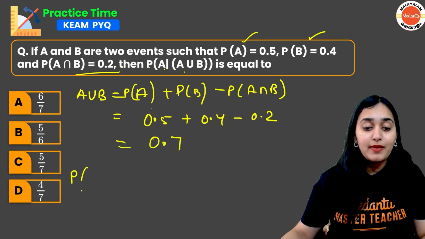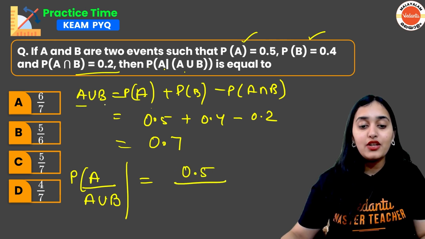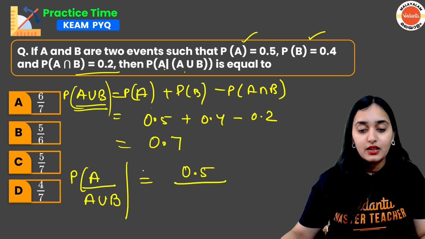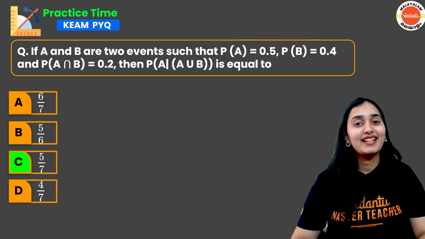Now they are asking you probability of A given A union B. So it will be probability of A, 0.5, given A union B, how much? 0.7. So basically the decimal will be removed, you get 5/7. That is your answer. Option number C.